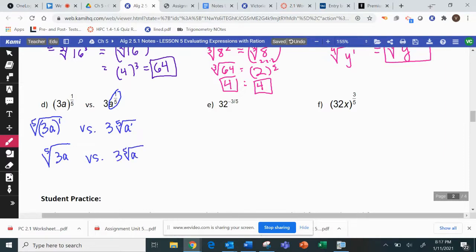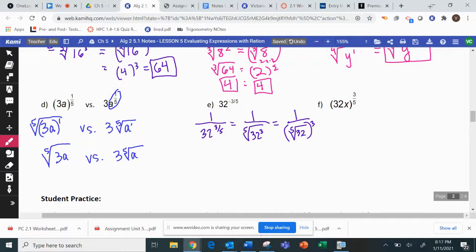All right, here we have a negative exponent. So the first thing I'm going to do is just go 1 over 32 to the 3/5. Get rid of that negative exponent. Now it's positive. I can rewrite this as the 5th root of 32 to the 3rd, or I can rewrite that as the 5th root of 32 and then that to the 3rd power.